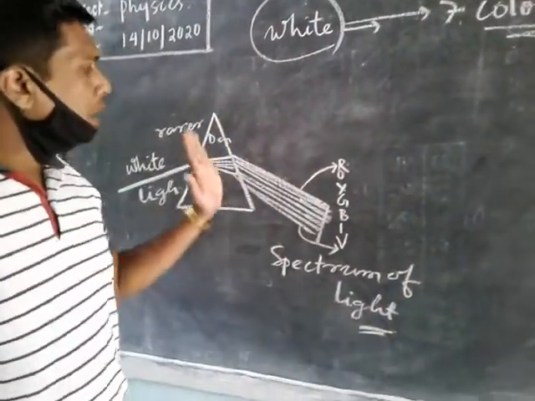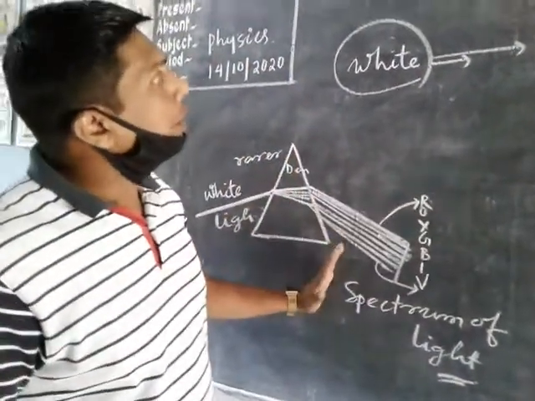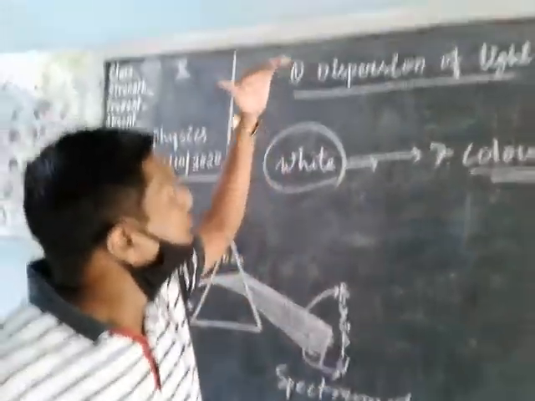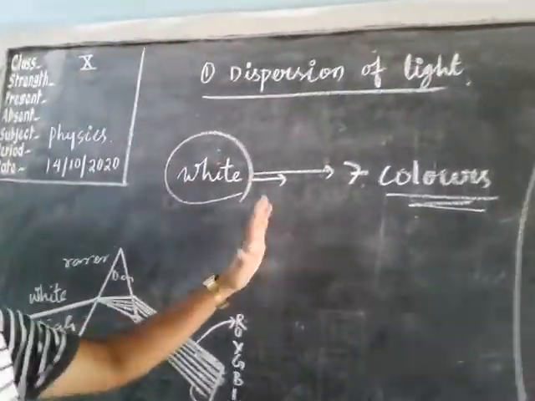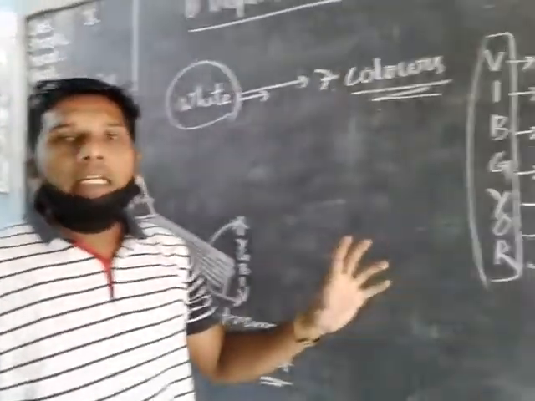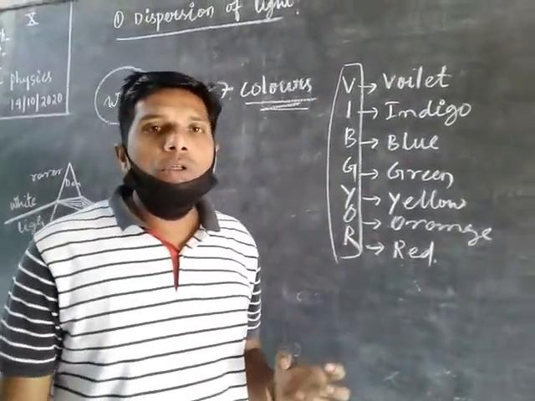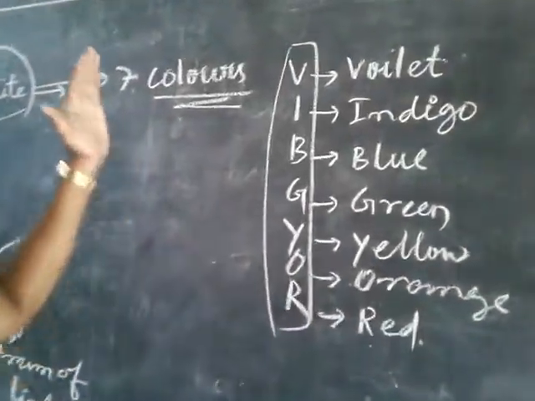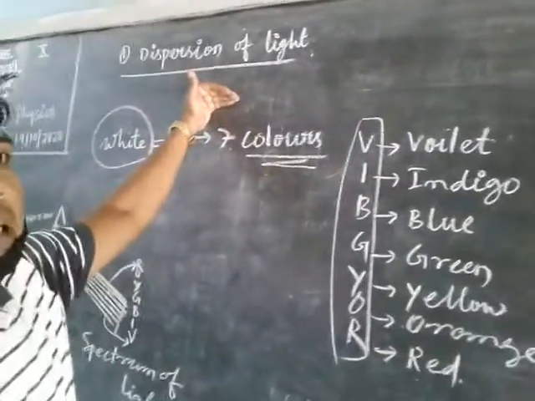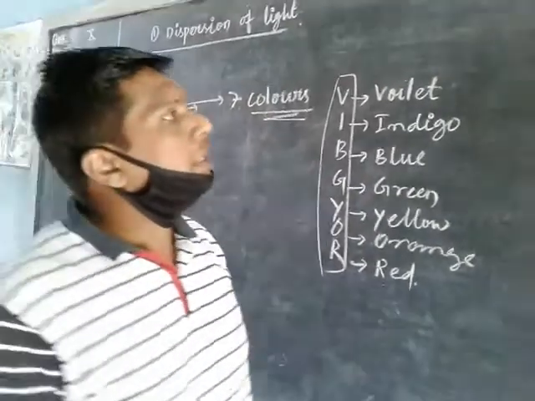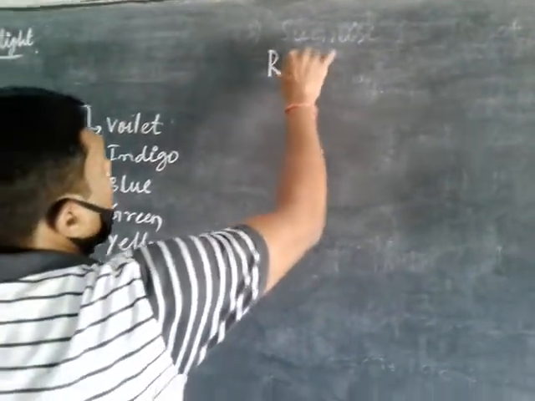Clear? So this spectrum of light, or this dispersion of light, is very important in our day-to-day life, because an application of dispersion of light, we can take one example, is the rainbow.